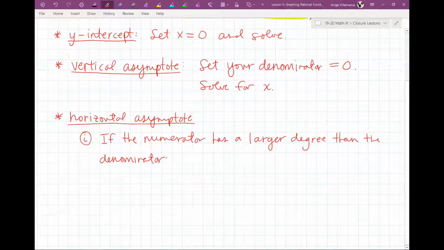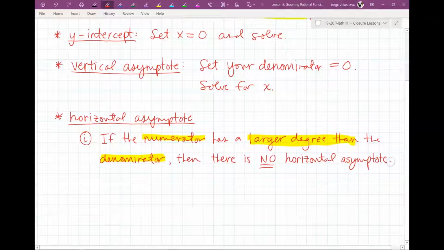So if the numerator has a larger degree, okay, numerator larger degree than denominator, in other words, the numerator has, let's say they're all x's, a higher power than the denominator does, then there is no horizontal asymptote.